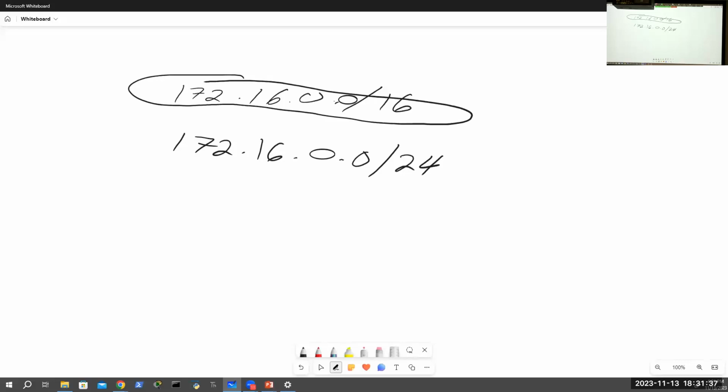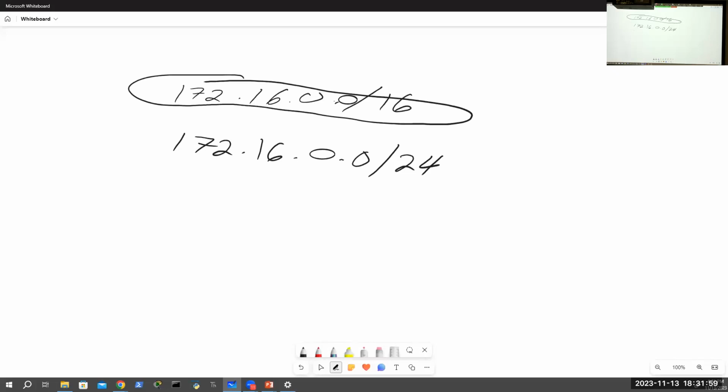I know that a lot of the terminology, including Cisco, will say borrowing bits. I never liked the term because you never give them back. It's like you're reallocating those bits from being part of the host ID to now being part of the network ID.